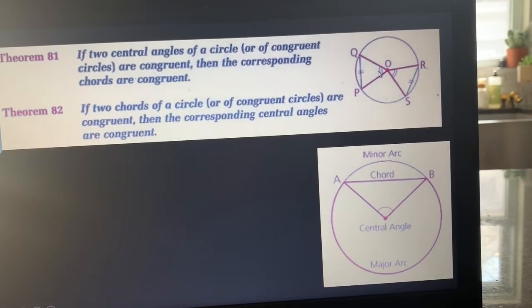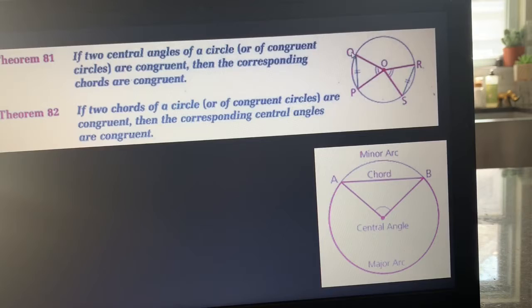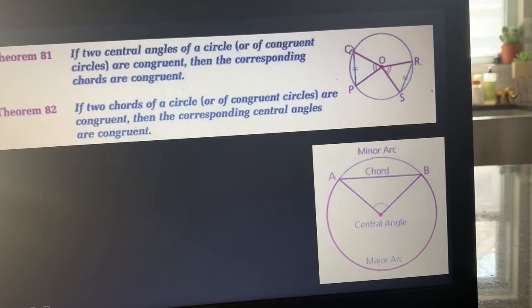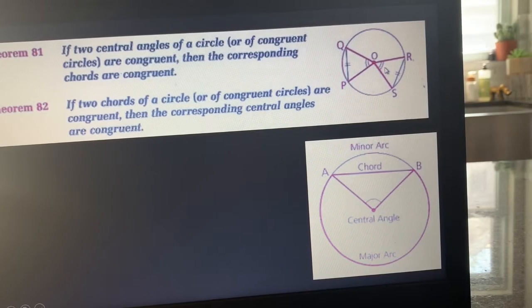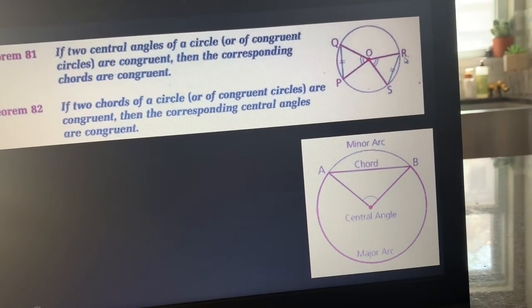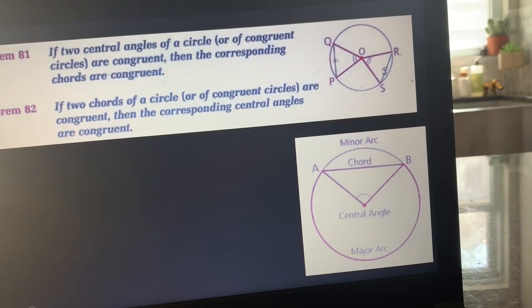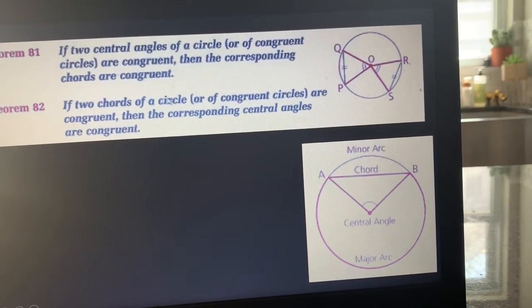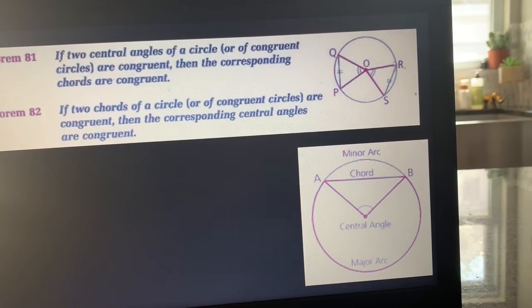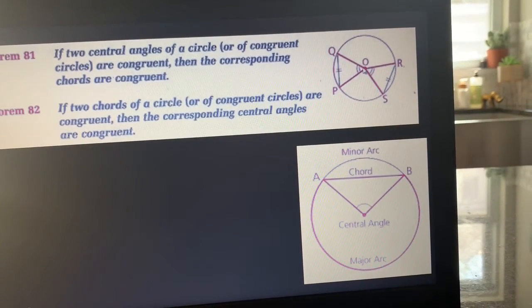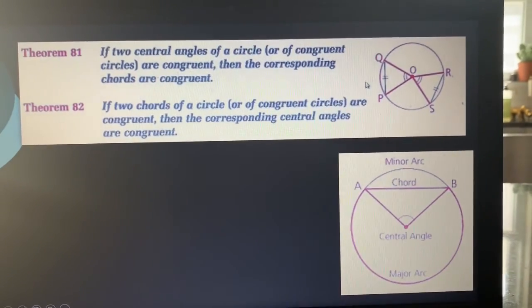Notice this central angle, QOP, has this chord here, PQ. If this angle is congruent to this central angle, then both of the chords must be congruent. Now, the reverse of that is true as well. What if you know that the chords are congruent? Then you could say the central angles must be congruent. So here are two theorems, and it works both ways.